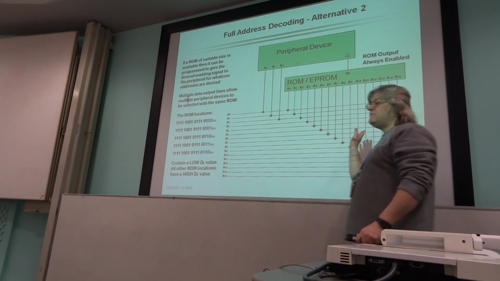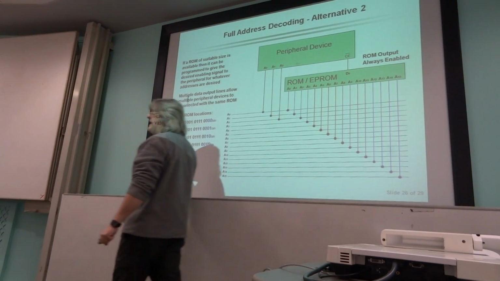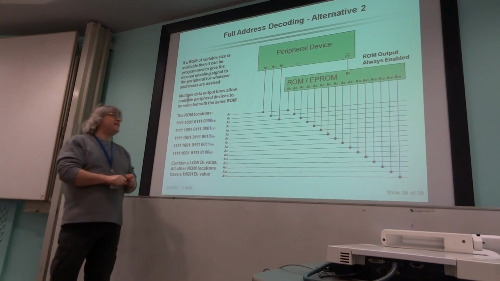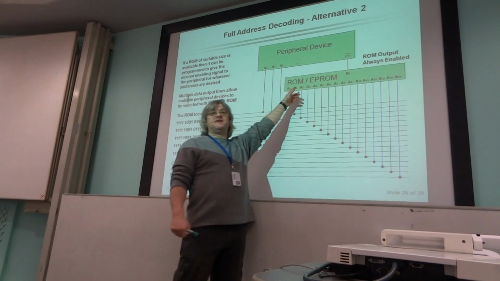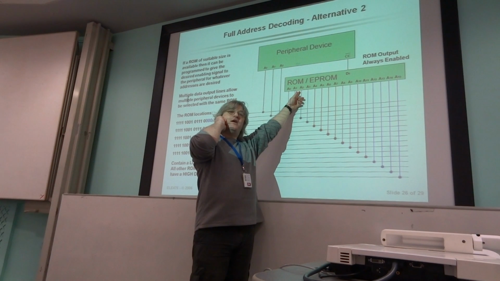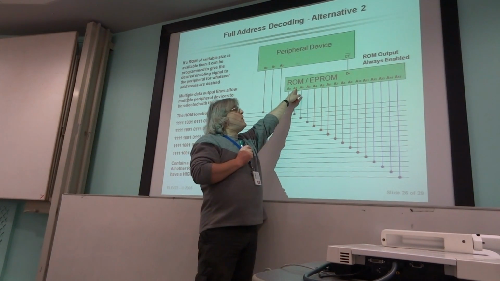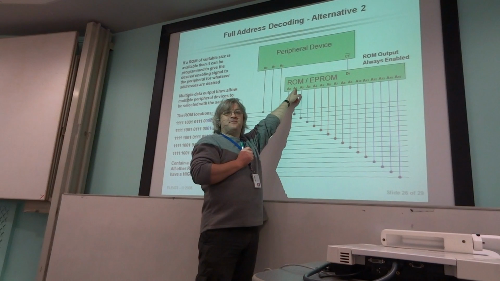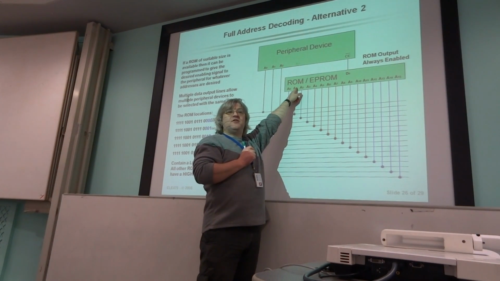This is a not very elegant, but an alternative way of doing address decoding. I just want to make you aware of it, where we've used an EEPROM to provide the address decoding logic.